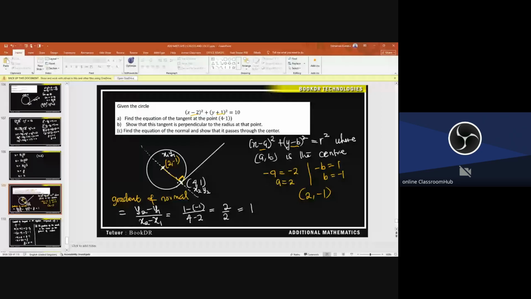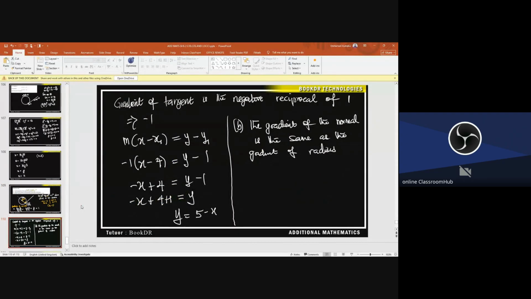And we have to show that the tangent is perpendicular to the radius at that point. To show this, we have to show that the product of the gradients is -1. So let the gradient of radius be m1, and the gradient of tangent be m2.